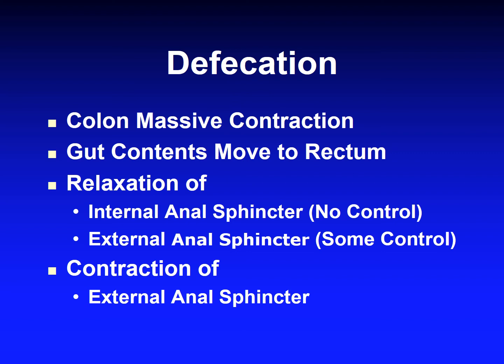For defecation to take place, you have a massive contraction in the colon, which is the part before the last part of the large intestine. The large intestine comprises the cecum, colon, and rectum. So the colon is the middle part of the large intestine.